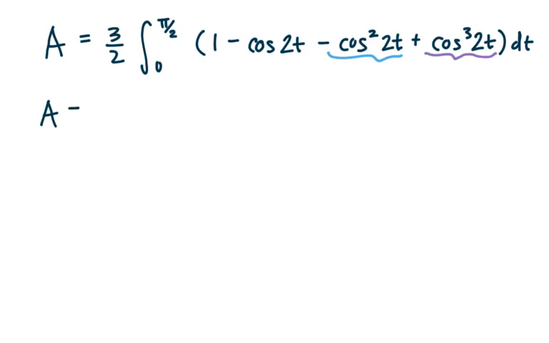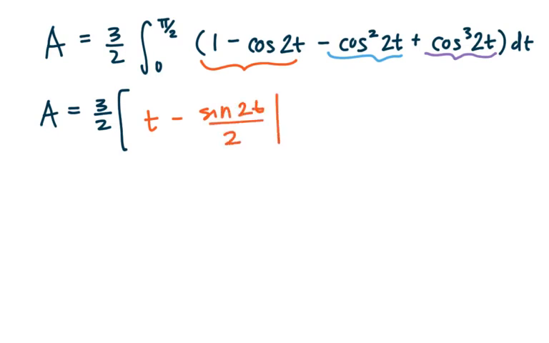So going back to my previous slide where we had done our work, we've got that A equals 3/2 times the integral of these first two pieces. I've got t minus sine 2t over 2. We're going to need to evaluate that from 0 to pi over 2, minus the value I'm going to get here, which is pi over 4.